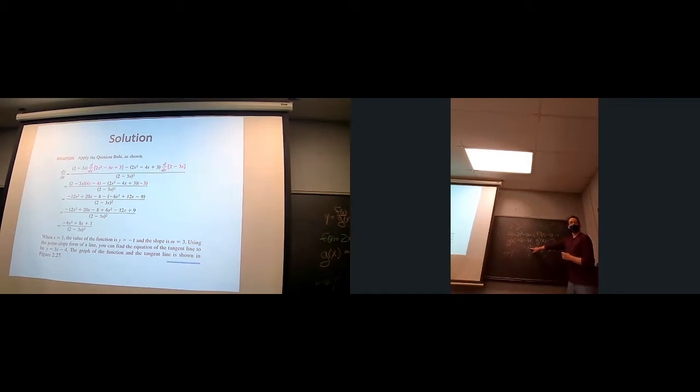To find the slope, we're evaluating the derivative at x equal to 1, right? So we're just going to want to plug in 1 wherever we see this x. So we're going to get negative 6 times 1 squared plus 8 times 1 plus 1, all divided by 2 minus 3 times 1, that quantity squared.